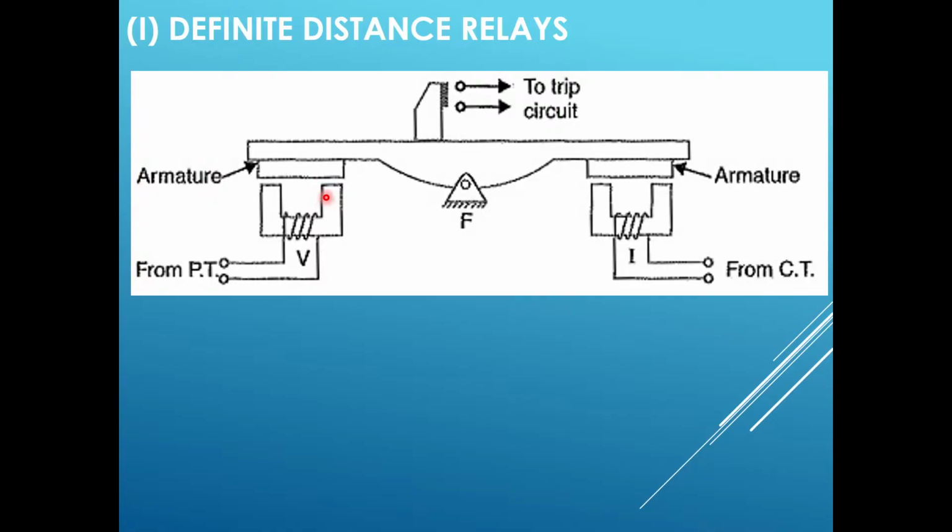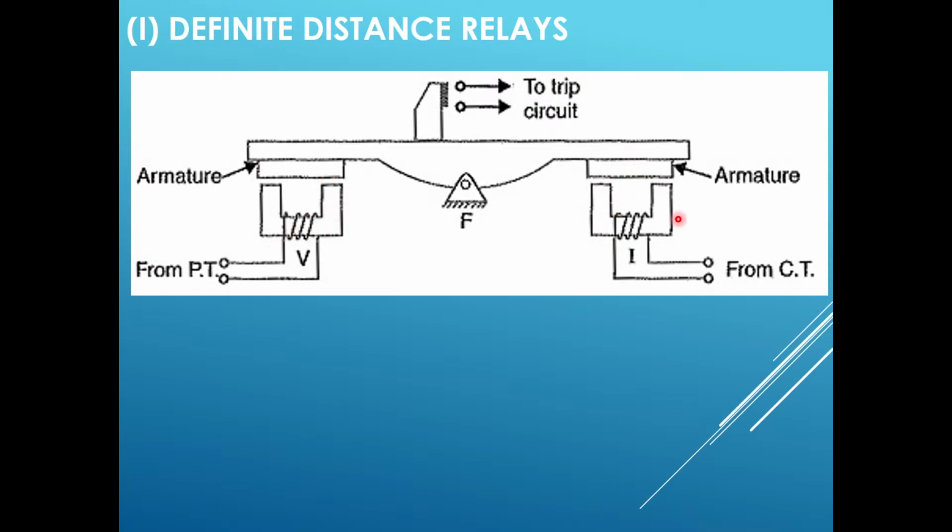In other words, we already know that when a ferromagnetic material is wound by a coil and current flows through this coil, the electromagnet gets magnetic property and the armature is attracted towards the magnet. When a fault occurs, the current flowing through this coil increases, so automatically the flux density in this electromagnet becomes greater than the flux density in the other electromagnet.